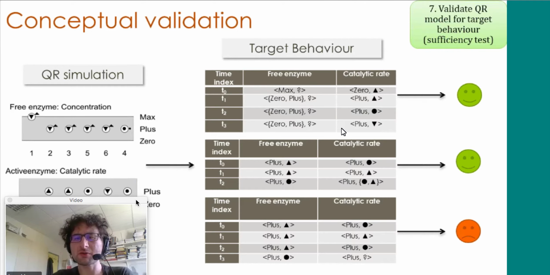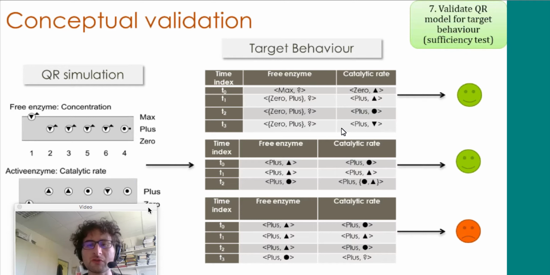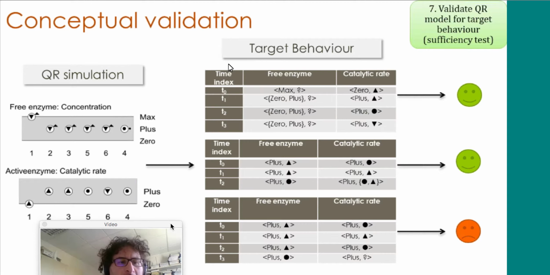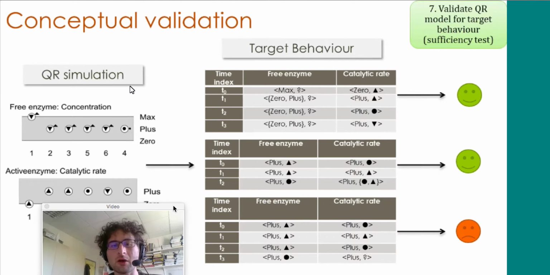Next step is to check whether or not the QR model is consistent with the target behavior. To do that, we generate a bunch of QR simulations following different kinds of scenarios. Actually, it is usually one scenario for each target behavior component. Here we have 3 target behavior components. The first of them represents the catalytic rate decreasing over time.